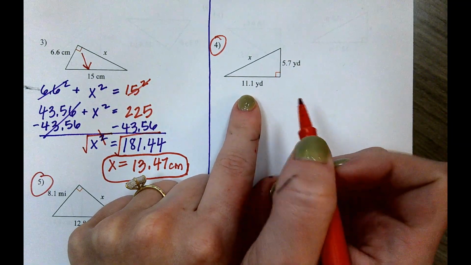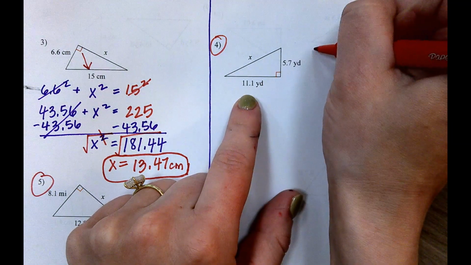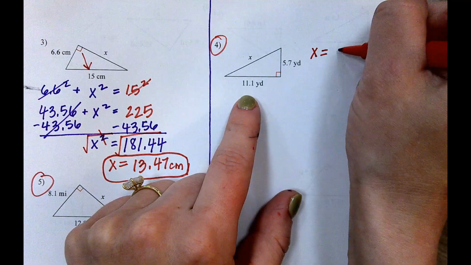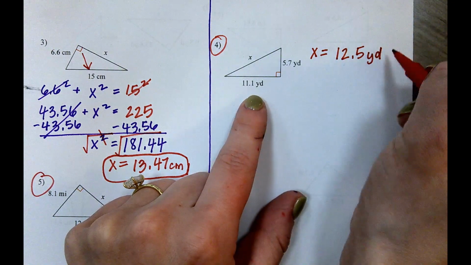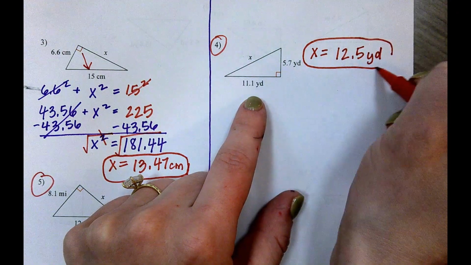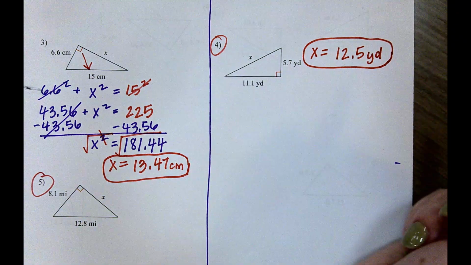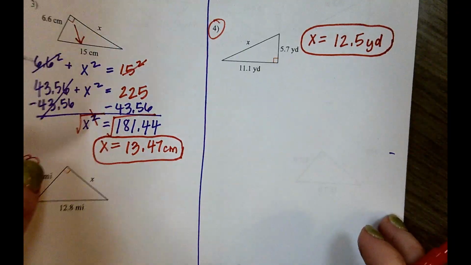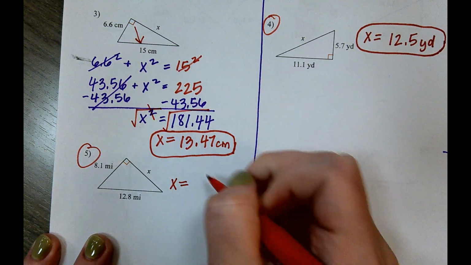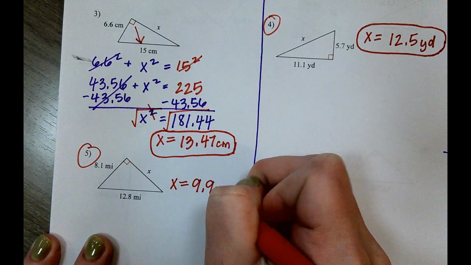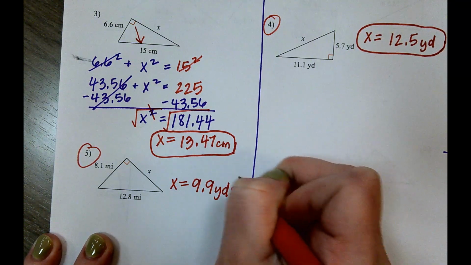So for number 4, you should have gotten X equals 12.5 yards. Yeah. You got that one? Okay, good. All right, number 5, you should get X equals 9.9 yards. Yeah, I got that.